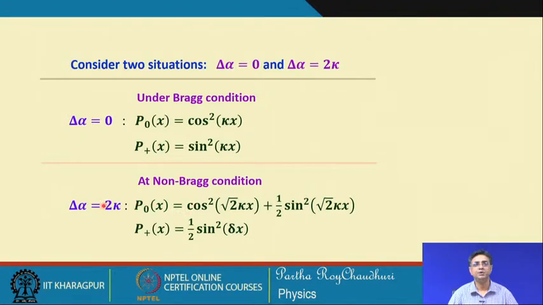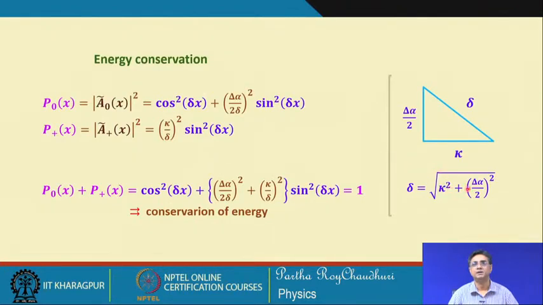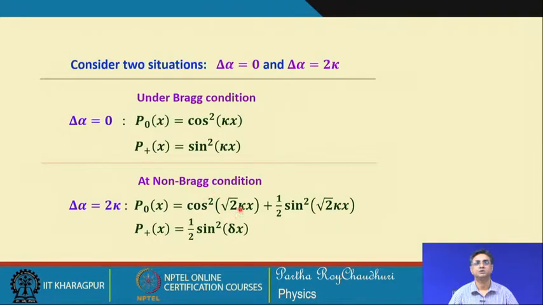So, if we put this delta alpha equal to twice kappa, this is again kappa square, this is also kappa square. So, this will be under root kappa, which is equal to delta. That is what we have written, and this should be delta equal to under root kappa into x.